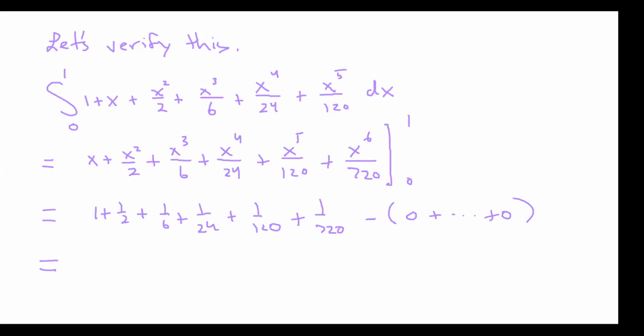So as long as I didn't make any errors, what I end up getting is 1237 over 720, provided I didn't make an error, which is approximately 1.71806.